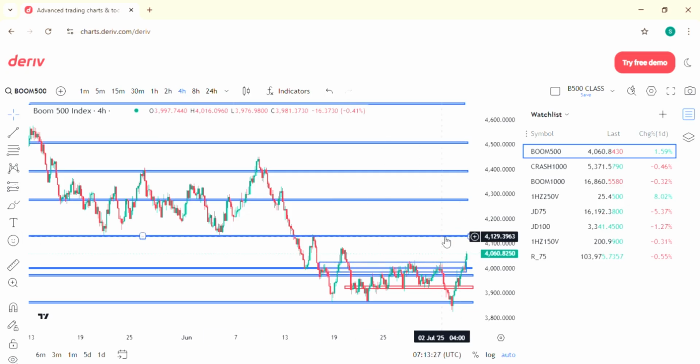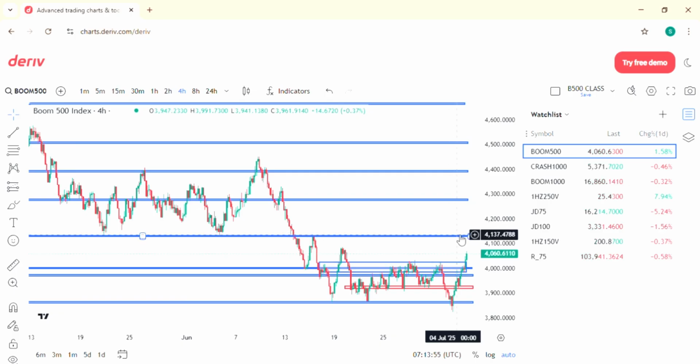But price could reverse here and waste some time, because this was formerly a support zone, and it was broken here. I explained it to you. When it was broken here, it turned to a resistance zone. So price could get to this point and reverse. It must pay attention to this particular zone.